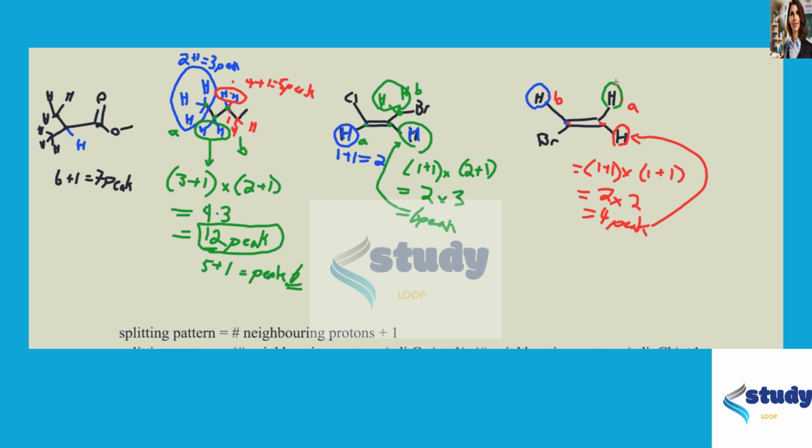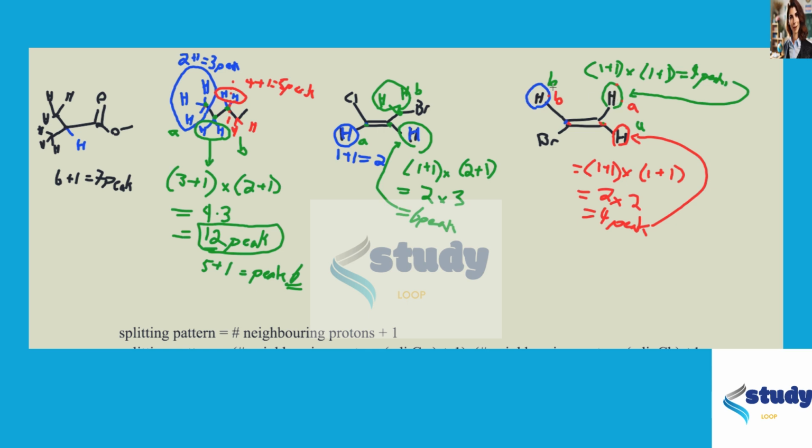Similarly, if I'm investigating this green proton here, I see that green proton has a neighbor A and a neighbor B that's different from each other. So once again, we have one neighbor A, which is 1 plus 1, times that by one neighbor B, one neighbor plus 1. So once again, I have 4 peaks for proton green.